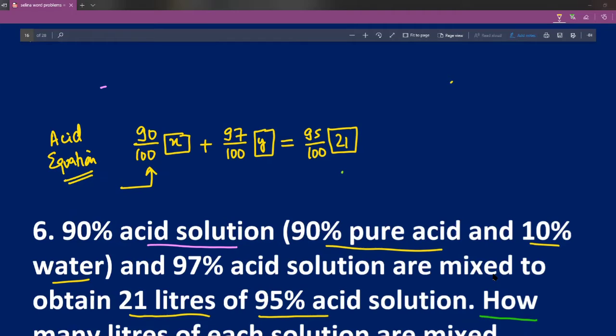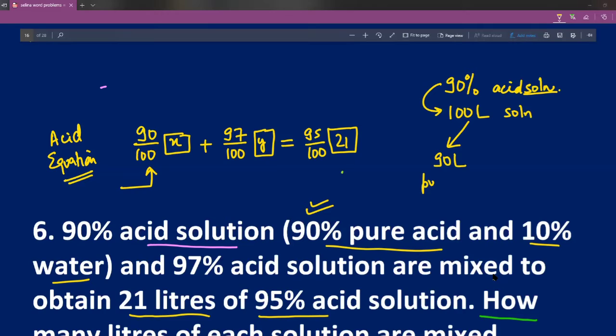What is a 90% acid solution? 90% acid solution means that, say I have 100 liters of solution of this concentration, that means pure acid will be 90 liters, and 10 liters would be water.